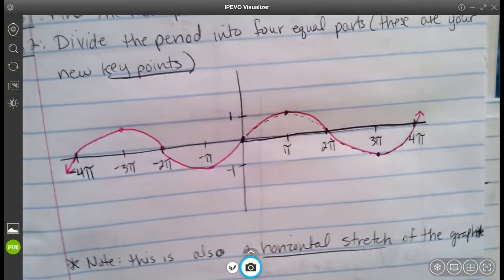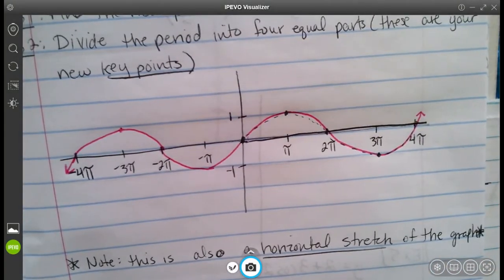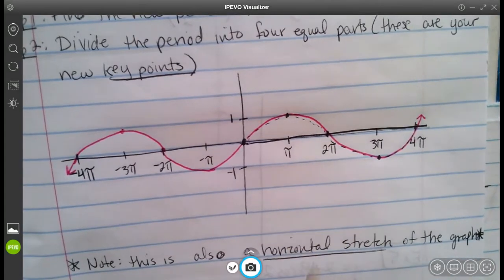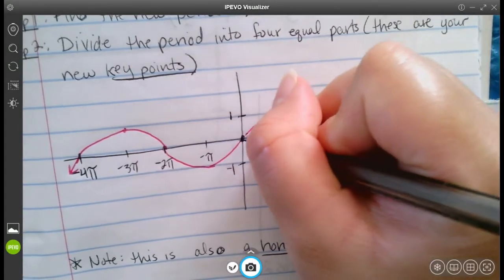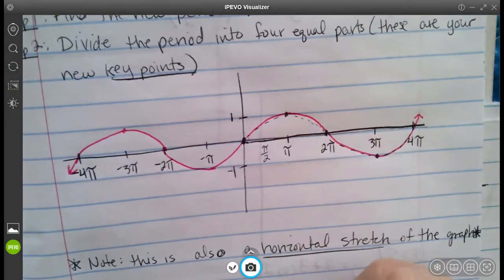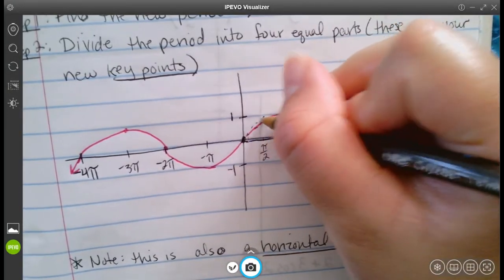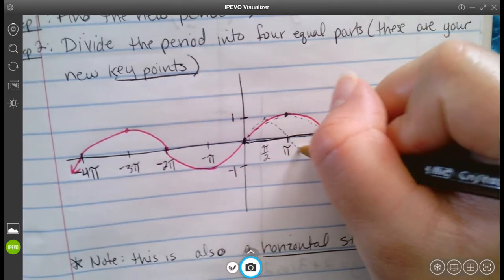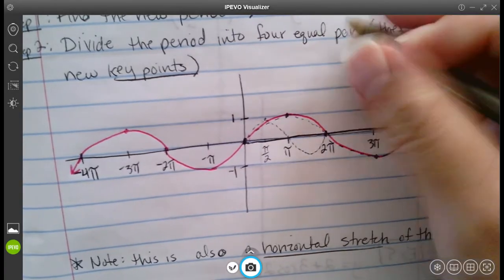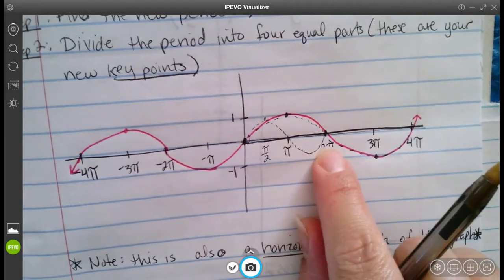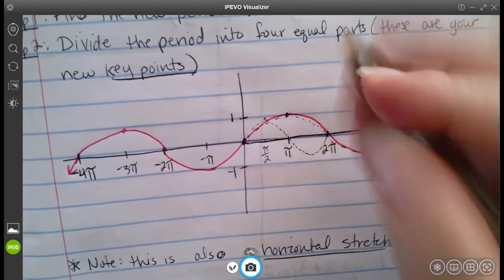Now, if we go back to our original graph, we know that sine starts to change at pi half. So just to give you a reference, you can see what actually happened here. We know that sine did something like this, right? But within these two, we already had one period happen.